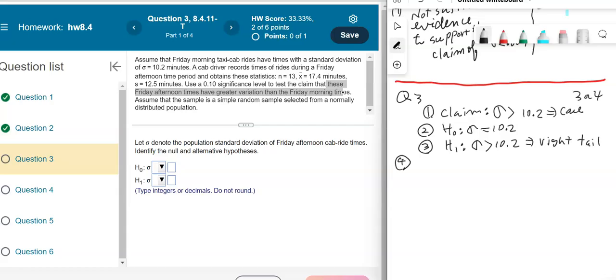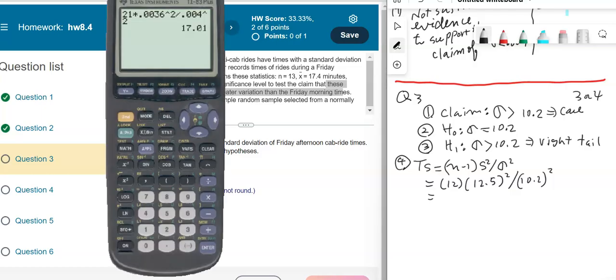So now the test statistic is n minus 1 times s squared divided by sigma squared. So n equal 13, so it is 12. S is 12.5 squared and 10.2 squared. Okay.